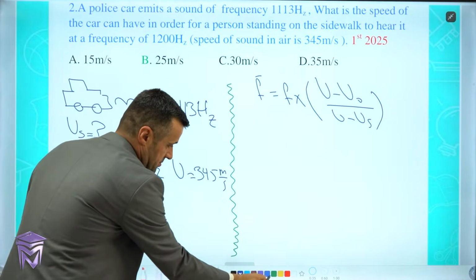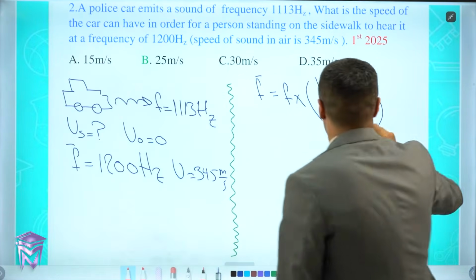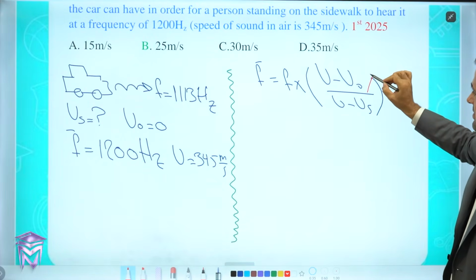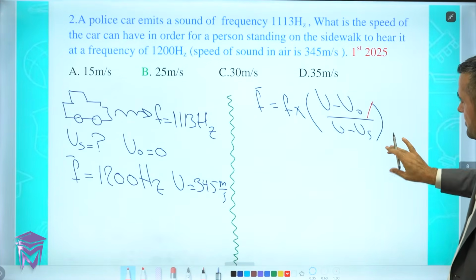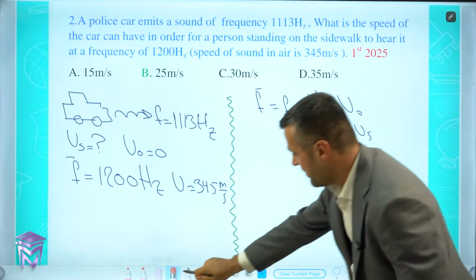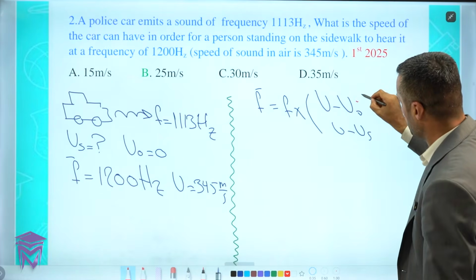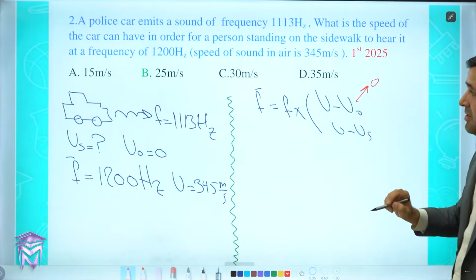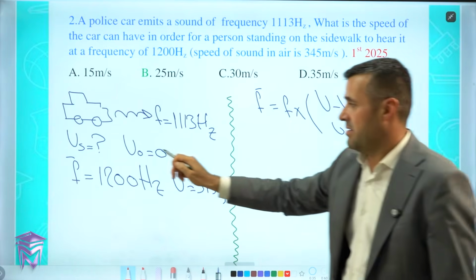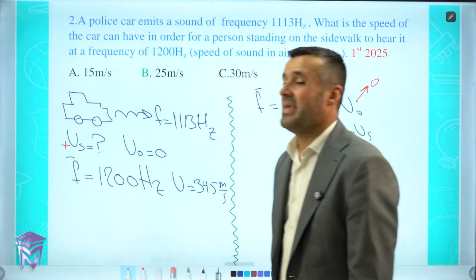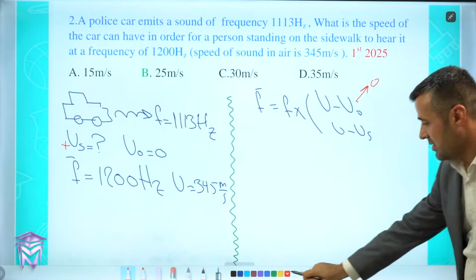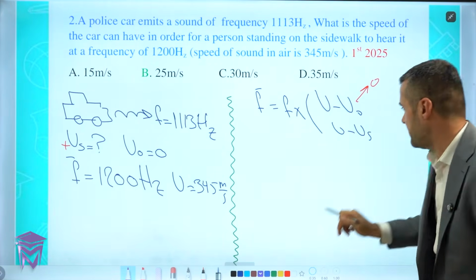Because the observer is at rest, we can write V naught equals 0. The source is moving toward the observer, so Vs is positive, and V minus Vs is positive times negative, which gives negative.